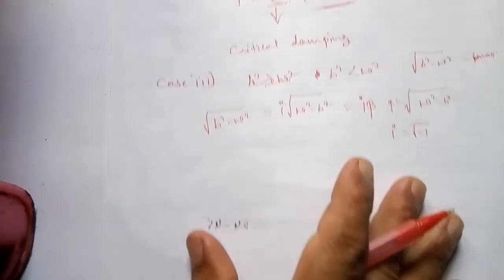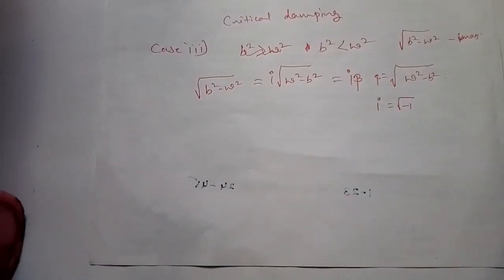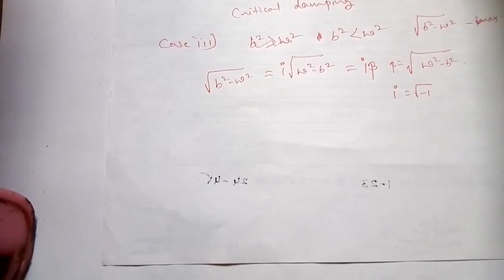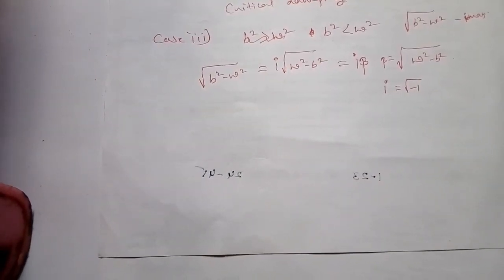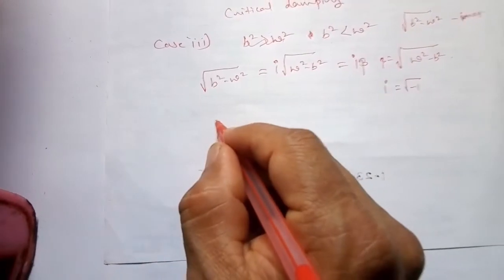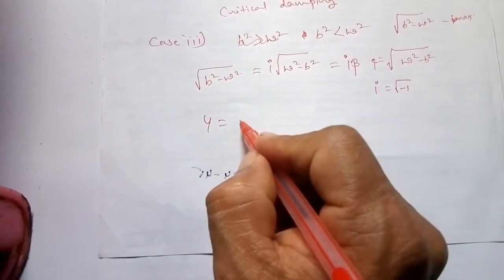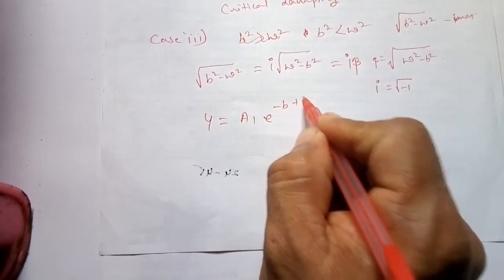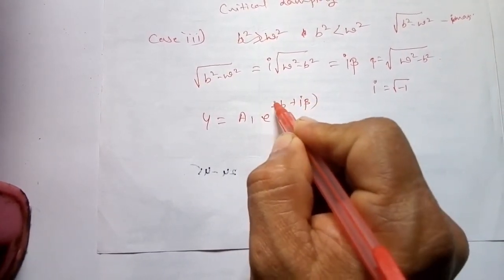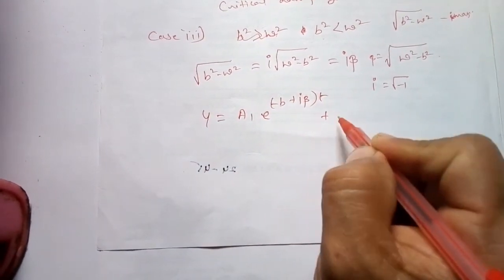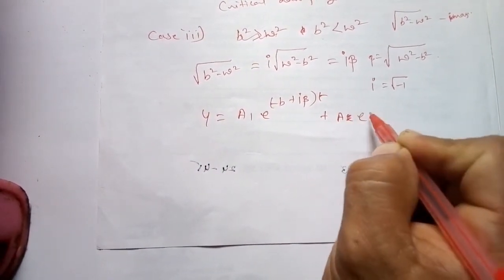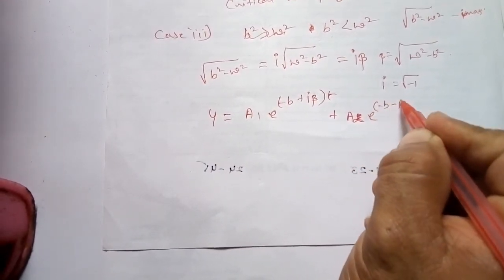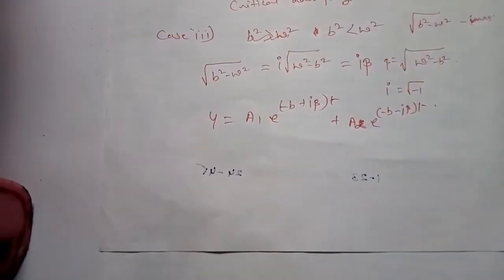So if you substitute this in equation 2, we can write y is equal to a1 e to the power minus b plus i beta into t plus a2 into e to the power minus b minus i beta into t.